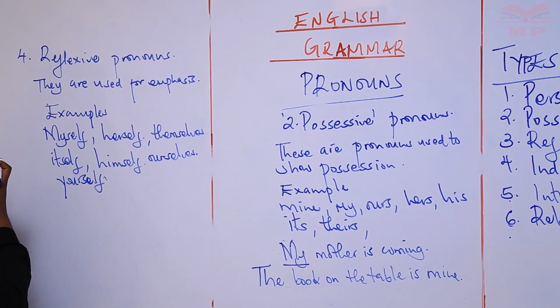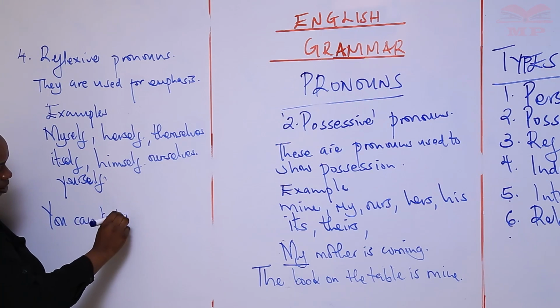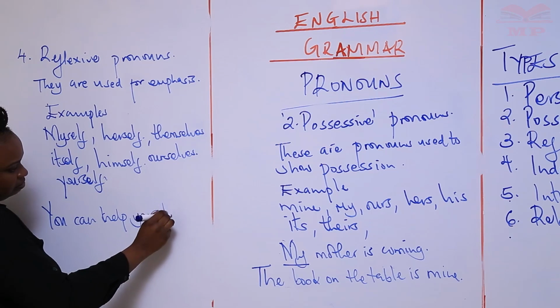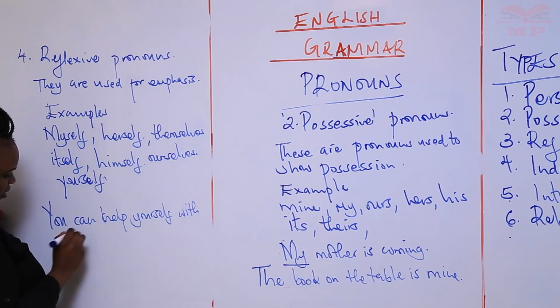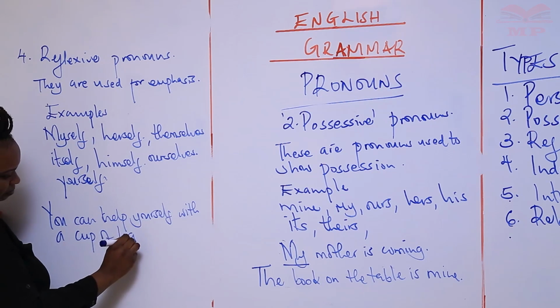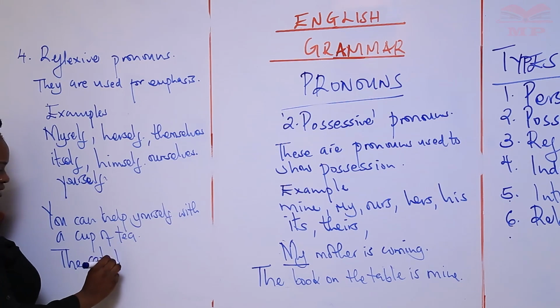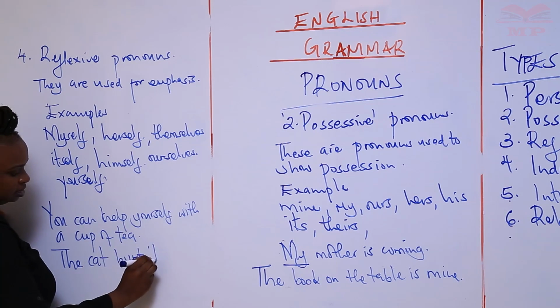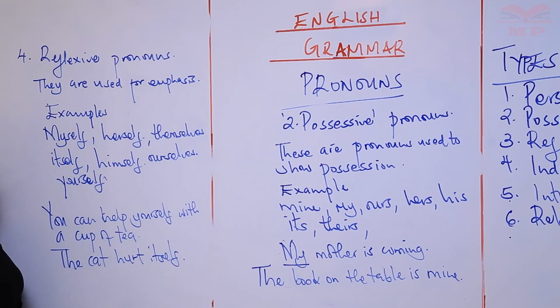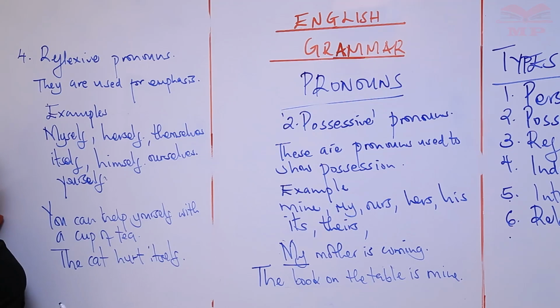An example in a sentence: you can help yourself with a cup of tea, or the cat hat itself. You can help yourself with a cup of tea, and then maybe the cat hat itself.